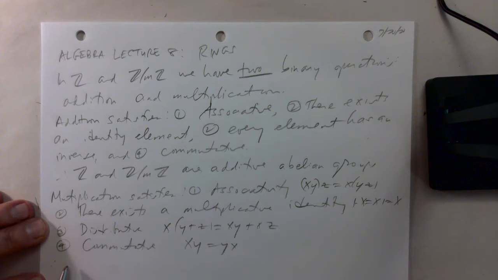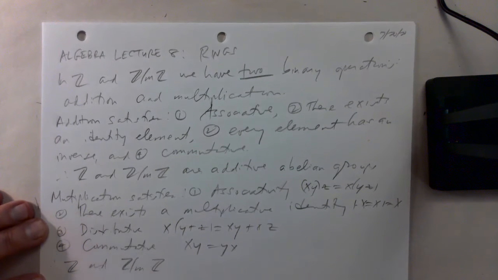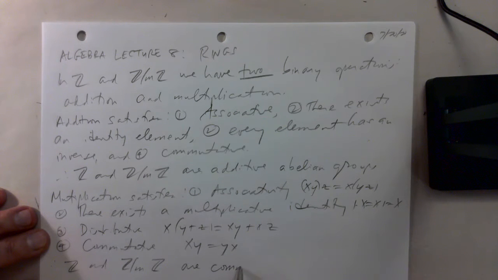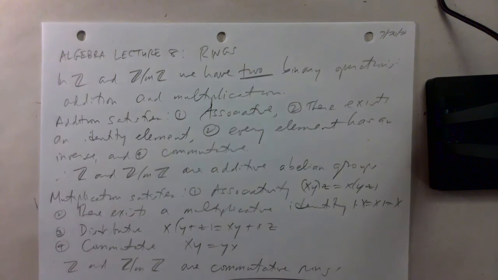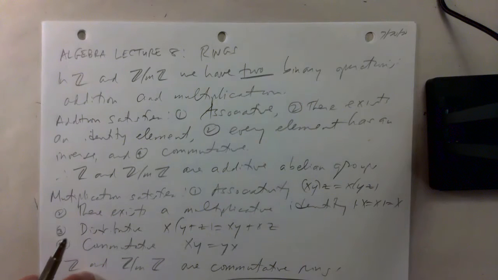So therefore, Z and Z mod MZ are examples of commutative rings. And these are fundamental objects in algebra.